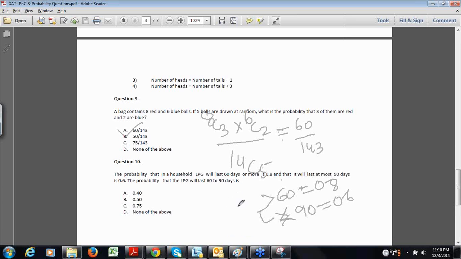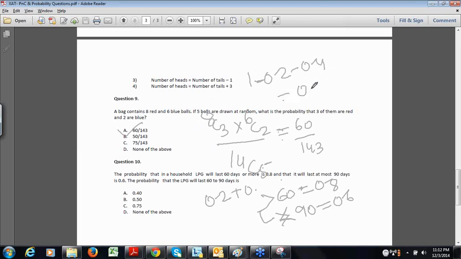At most 90, so it is 0.2 plus, just a minute, it is 1 minus 0.2 minus 0.4.